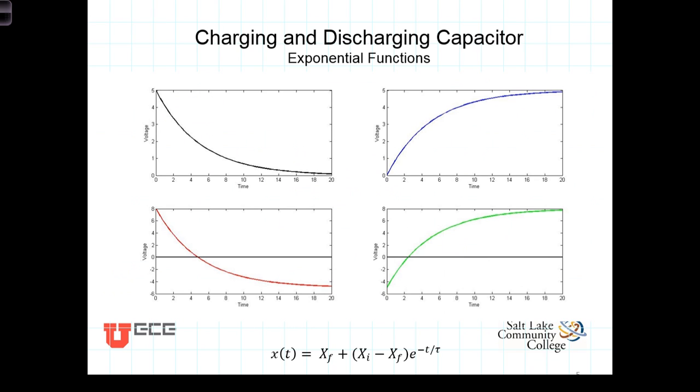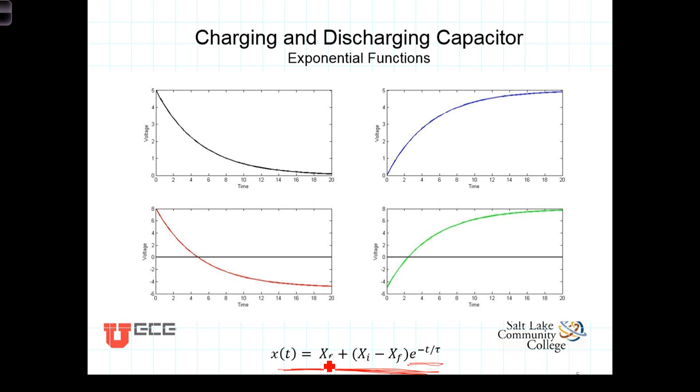Now, as I mentioned, the rate of change in voltage on a capacitor as a function of time is described by an exponential function. And we'll use this very generalized form of function in our lab today. As you can see, it involves an exponential term with some constants multiplying it and adding to it.